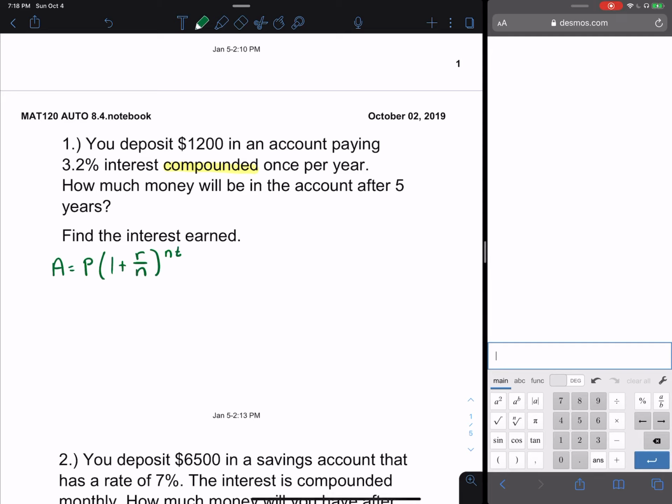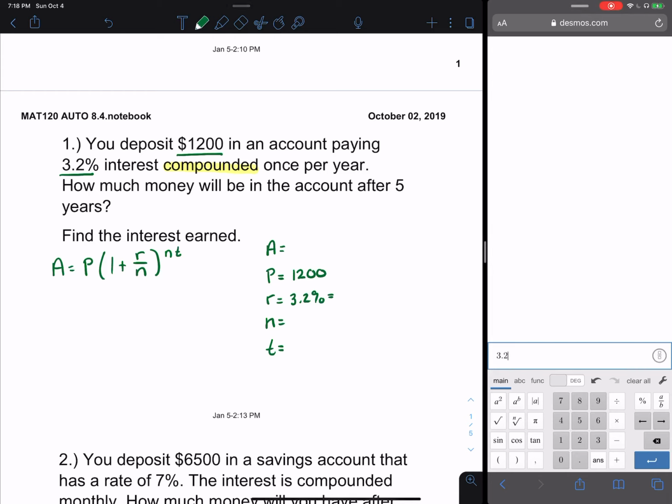So just like I did before, I'm going to list out all the variables and read through the problem and see what I can find. So they told me that I deposit $1,200, that's my principal, in an account paying 3.2% interest. So that's our interest rate in percent form.